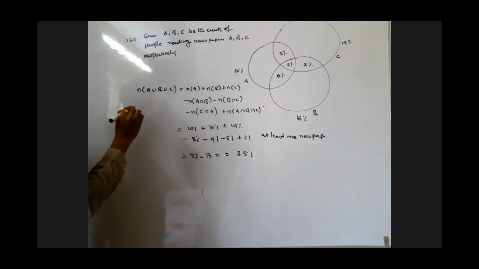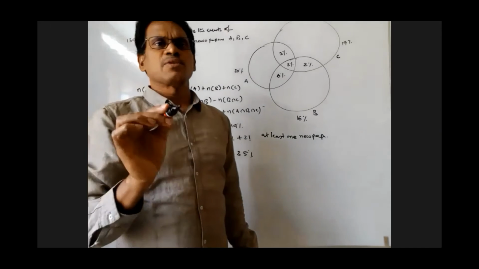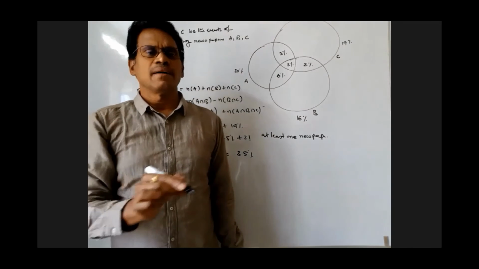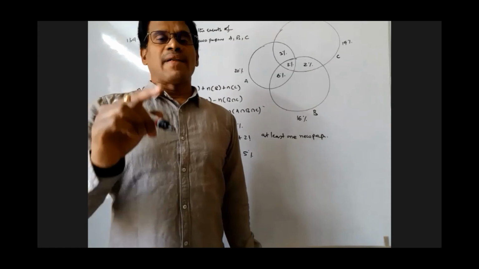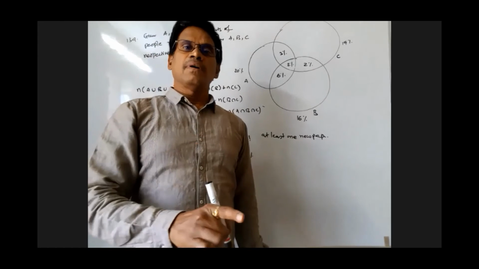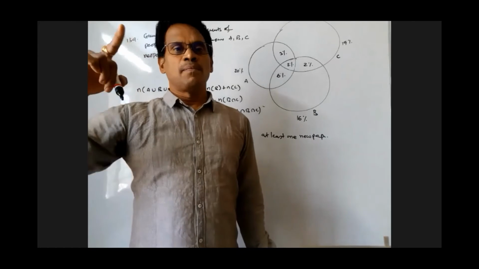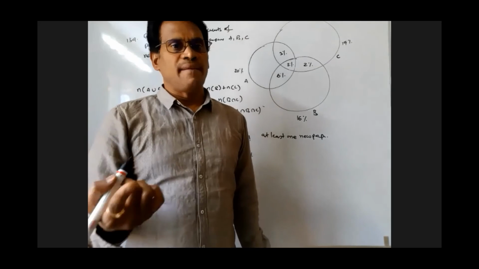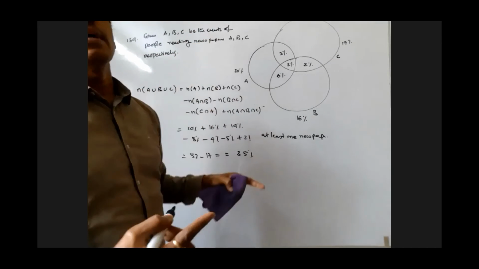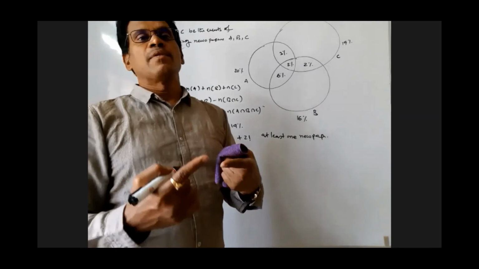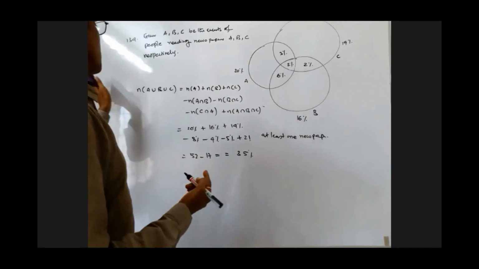I'm just introducing the events because we want to answer this question with the help of probabilities. I'm describing what the data is. I've taken A as the event that people read newspaper A, B as the event that people read newspaper B, and C as the event that people read newspaper C. So I introduced them.